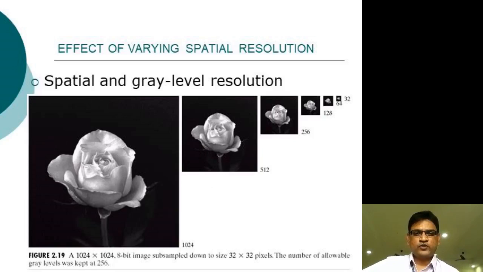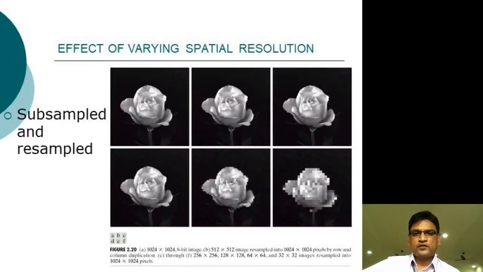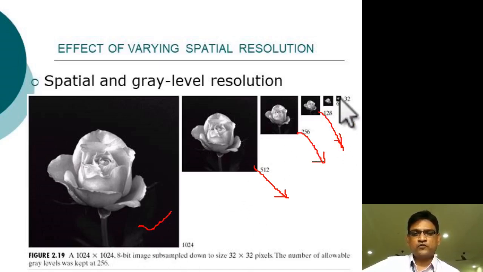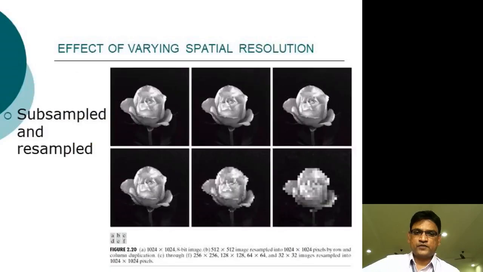Next, the 512 by 512 image is stretched back to 1024 by 1024. Similarly, this one is also stretched to 1024 by 1024, and this one is also stretched to the original size. All the images which were first reduced in size are later expanded to the same size, like this.